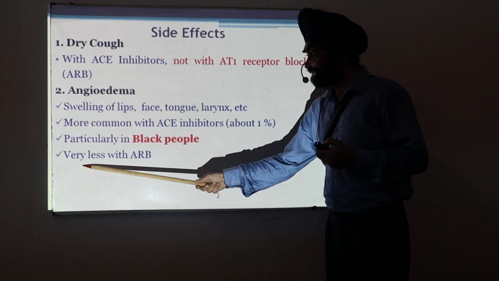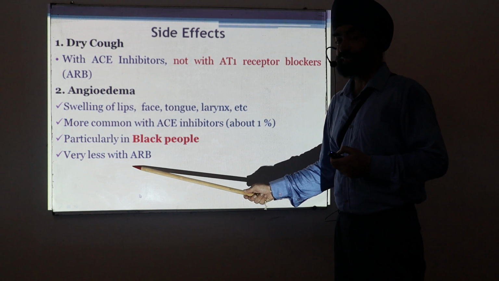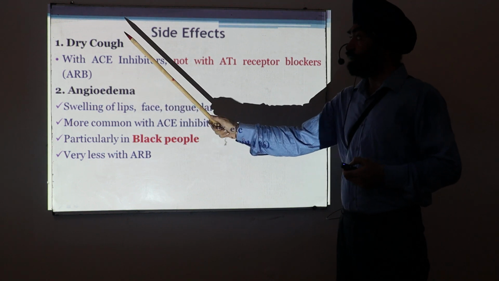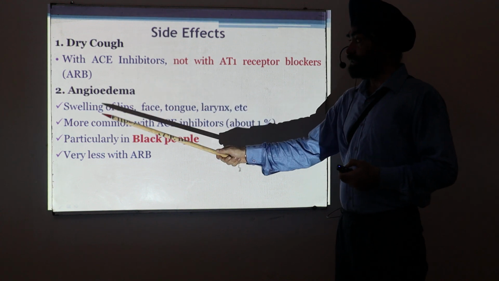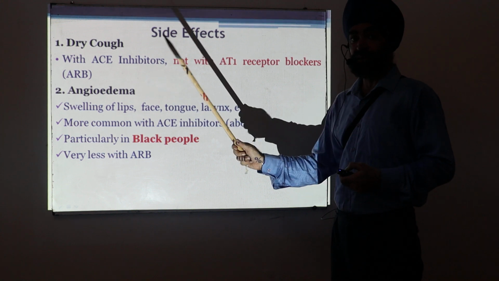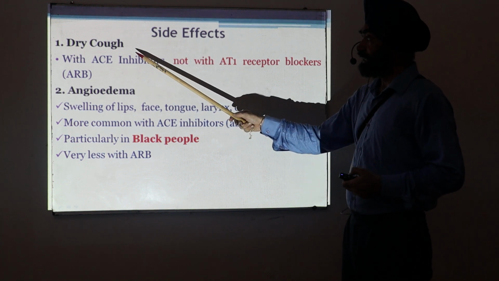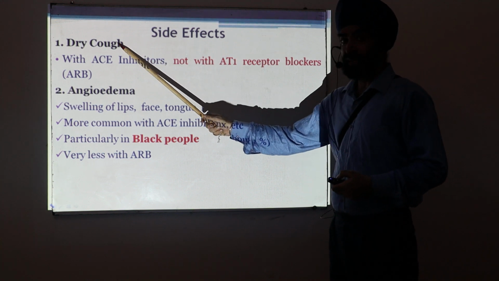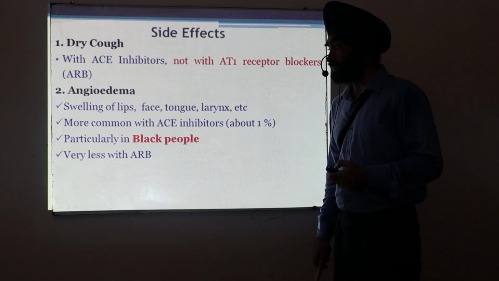But incidence is very low with angiotensin receptor blockers, ARBs. So if there is the problem of dry cough or angioedema, then you can choose the AT1 receptor blocker. Otherwise, they are very similar to one another. The major advantage of AT1 blockers is that there is no dry cough and lesser incidence of angioedema.